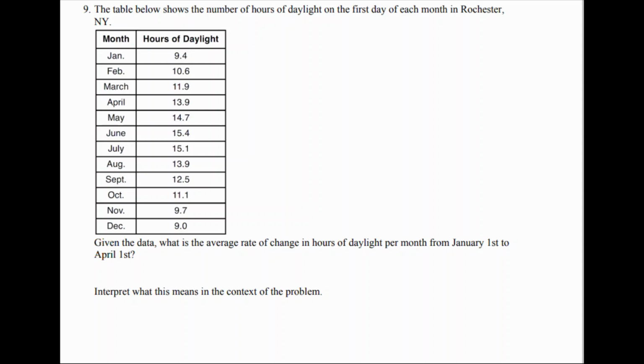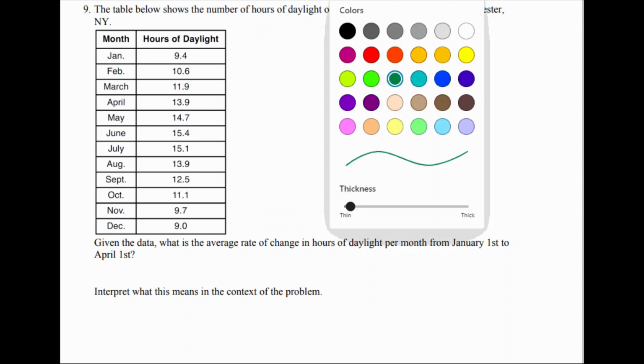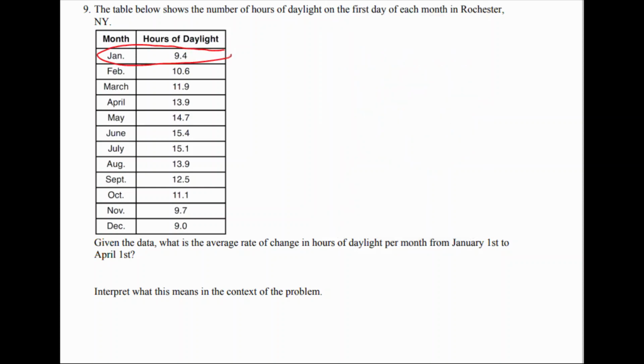And so what we're going to do is take a look at the different hours of daylight. In this case, we'll pick red here. From January 1st, which of course is our first month, to April 1st, which of course is our fourth month, we will take our number of hours of daylight in month 4, 13.9, and subtract from that 9.4, divided by April, the fourth month, minus 1, January being the first month.